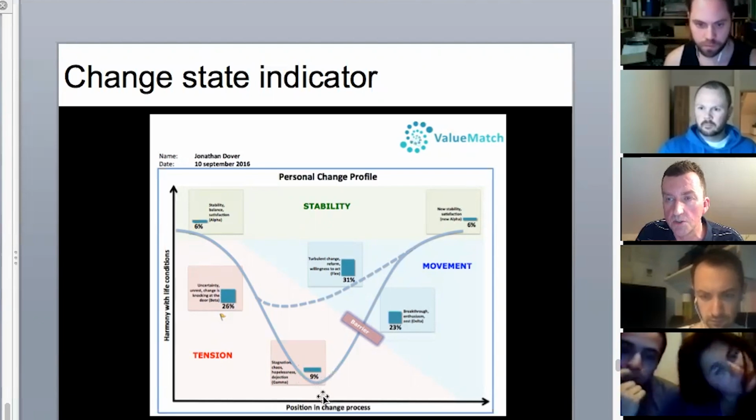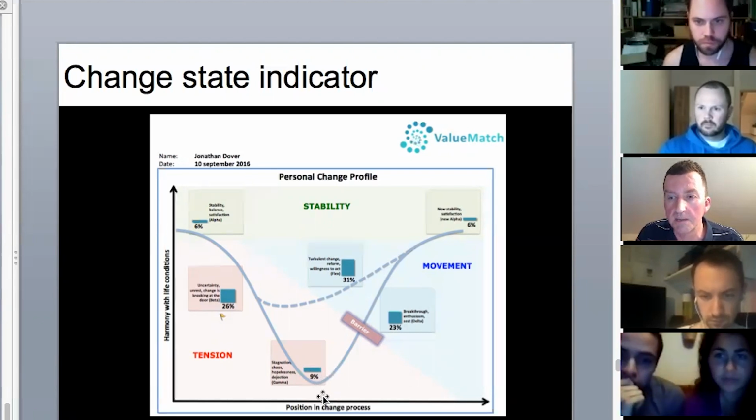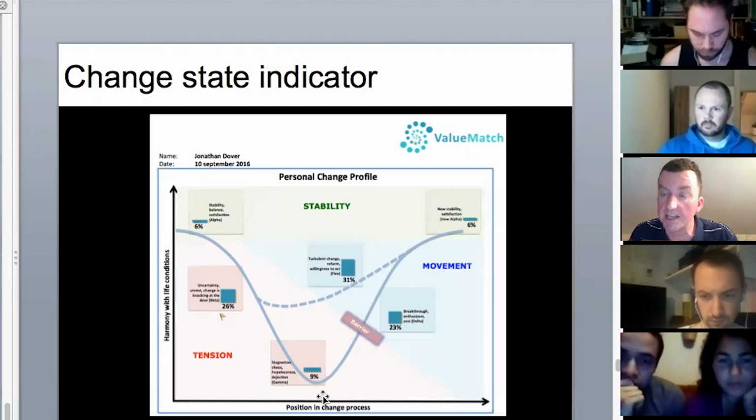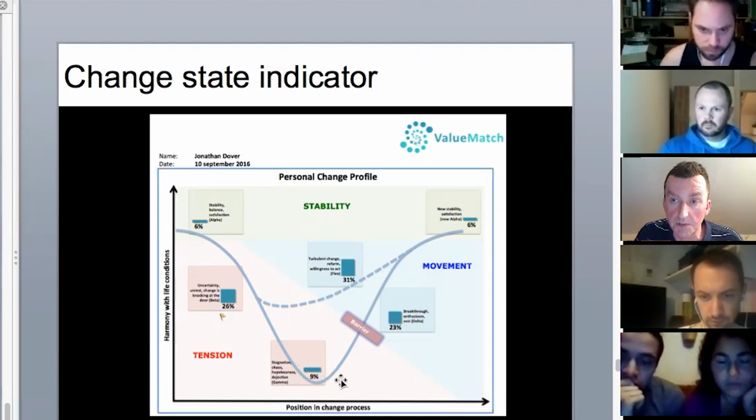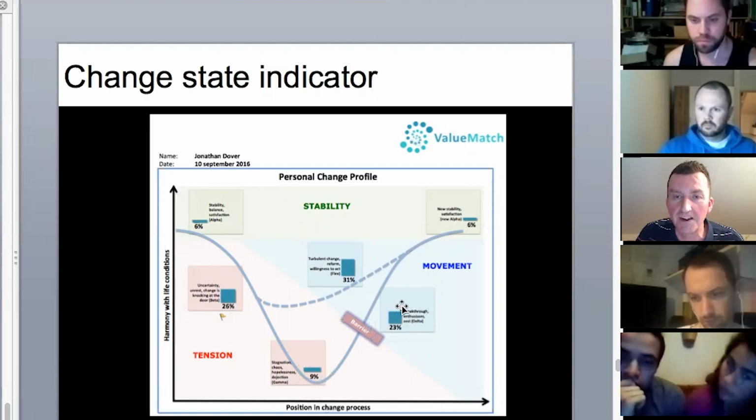It's down here, it doesn't quite know what to do. And because the new consciousness isn't there, it's surrounded by wicked problems. And when people do eventually break through this barrier, they have a breakthrough zest, and they're flying for a few years because they're very, very empowered. So that's the change state indicator.